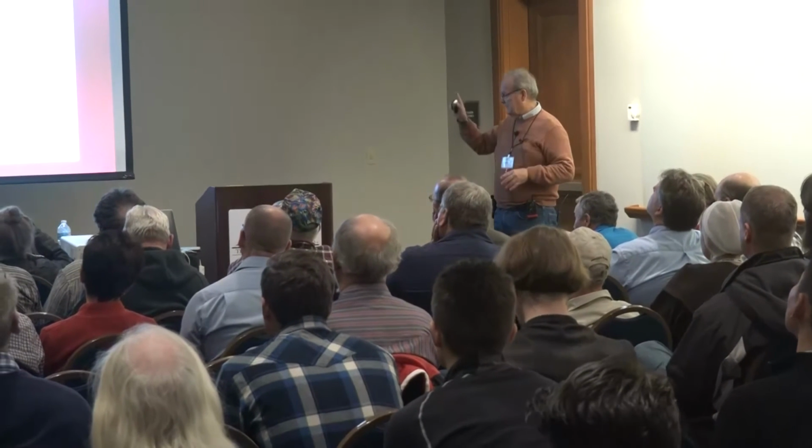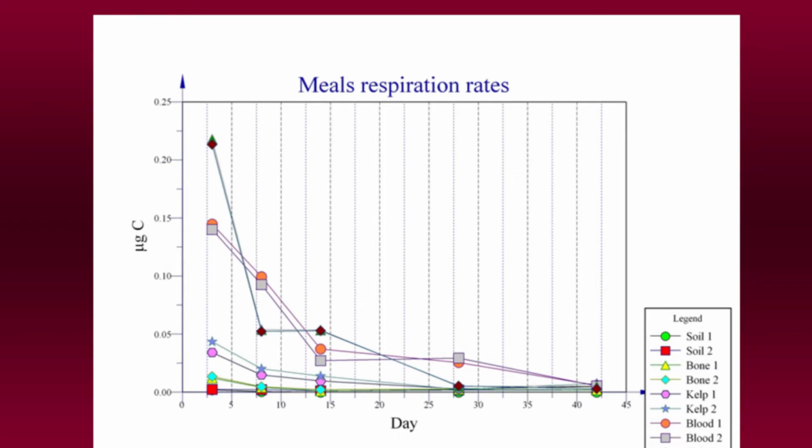Okay, just some other work I did a while ago. Just look at decomposition rates. Several of these decompose very rapidly. The higher the line, the faster the decomposition rate is happening. And of course, these down here at the bottom are soil and bone meal. Bone meal decomposes very slowly, of course.